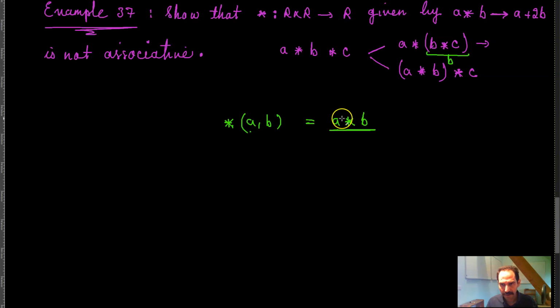So now A star (B star C) means first I need to calculate the part in parentheses, and then calculate A star whatever I get.